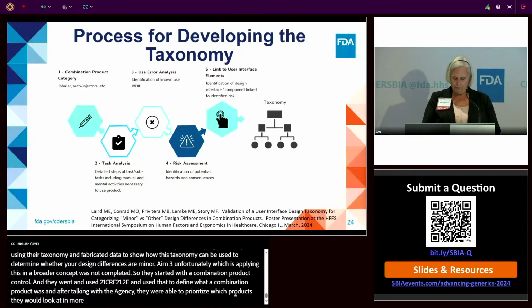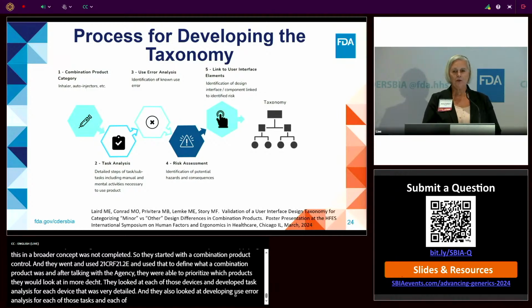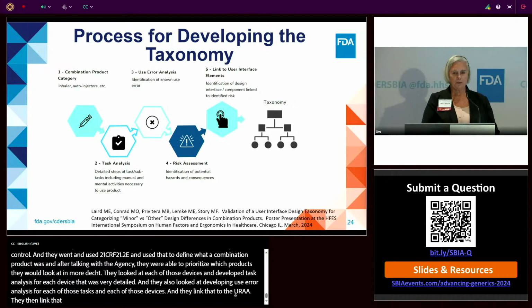They then looked at each of those devices and developed a task analysis for each device that was very detailed. And they also looked at developing use error analysis for each of those tasks and for each of those devices. And they linked that to the URAA. They then linked that risk and the task back to a specific design feature and came up with a taxonomy.